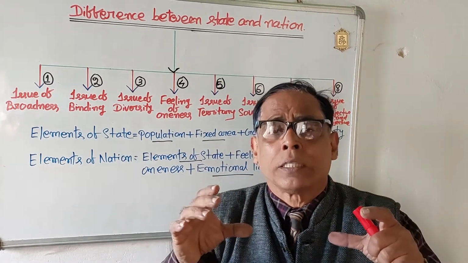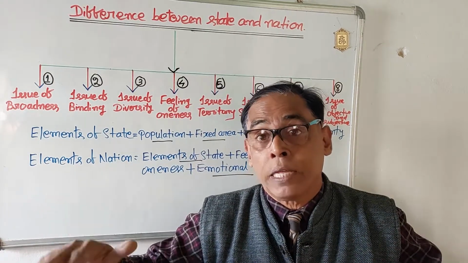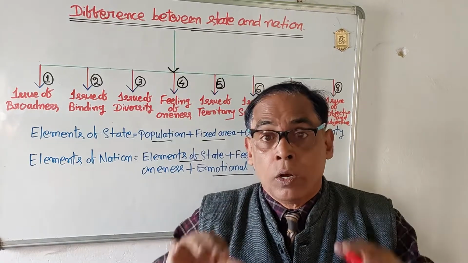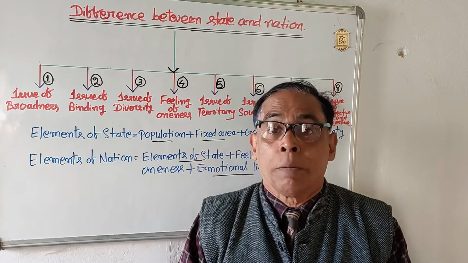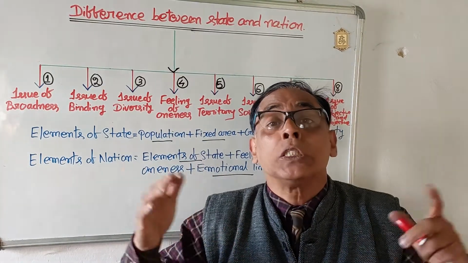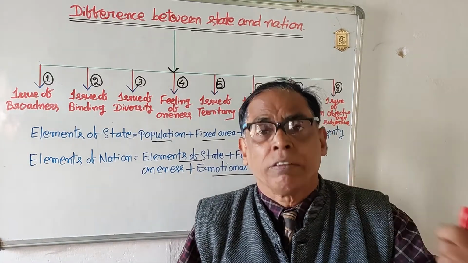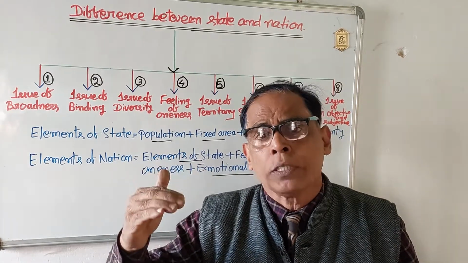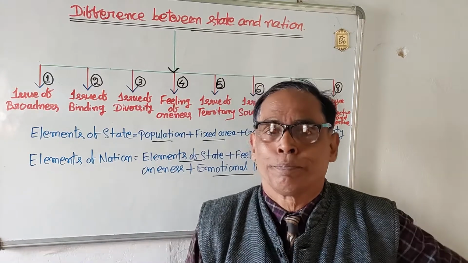Within a nation, no doubt various groups are found, but they are similar in different aspects. But a state consists of diverse groups. By taking diversity on the basis of caste, color, religion, language, etc., a state is formed.